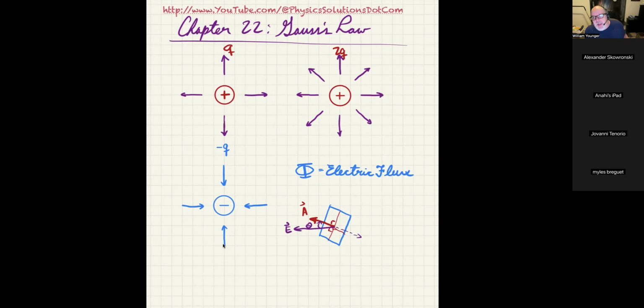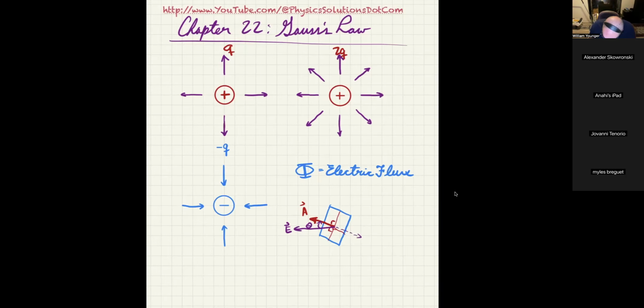Later, we're only going to apply this flux formula to closed surfaces, surfaces that have a clear inside and outside, and then we can arbitrarily choose the area vector to point as if it points from the middle out. That's what the definition is going to be when we have a closed surface. So we'll have a definitive answer when we use the closed surface, but when we're using a plain window like this, we don't have such an answer. So we just use whichever one we wish.